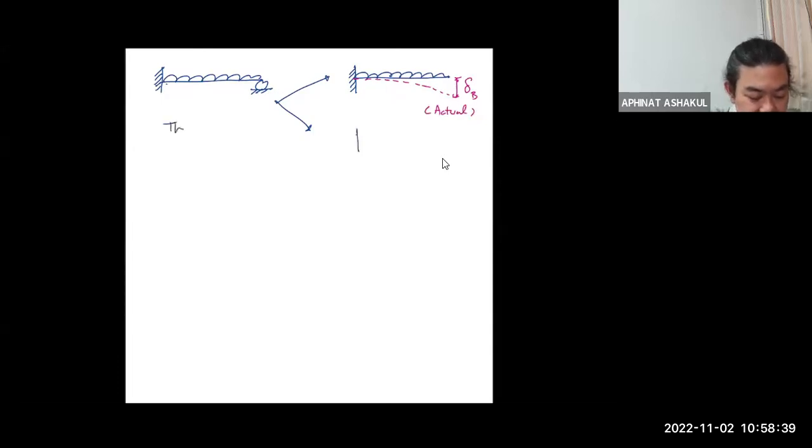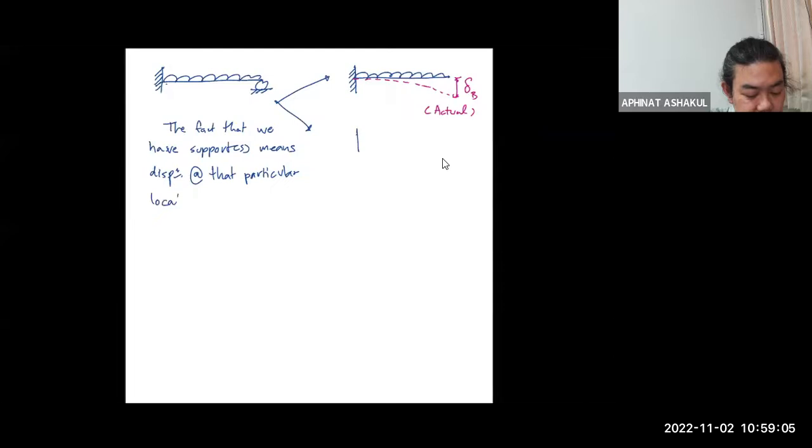The fact that we have a support means the displacement at that particular location is 0. You agree, right?